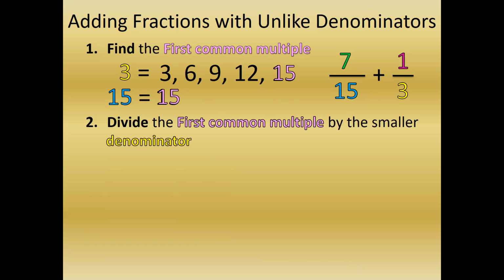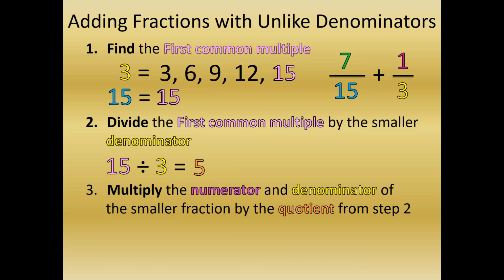Then step number 2 is to divide the first common multiple, which is 15 in this case, by the smaller denominator, which is 3. So 15 divided by 3 is equal to 5.